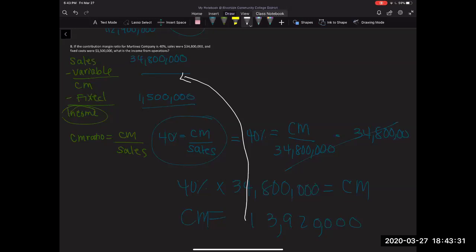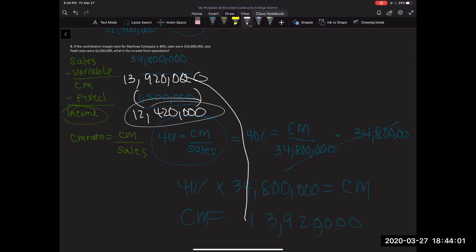If we plug in our contribution margin, the 13,920,000, from there we can subtract out our fixed cost, which is the 1.5 million. And that comes out to $12,420,000. Okay, that is our answer.